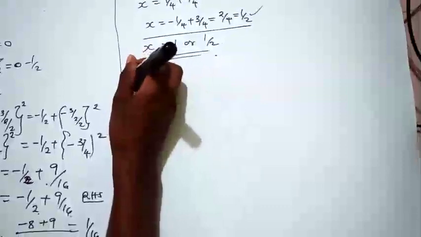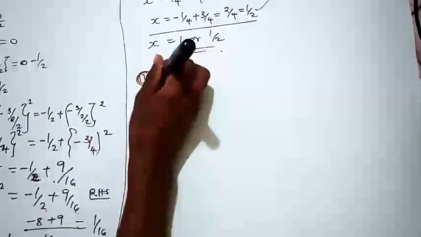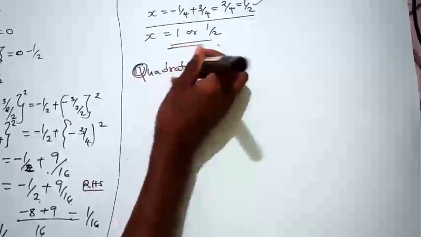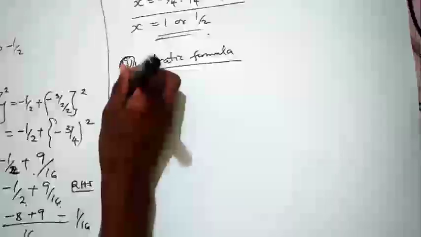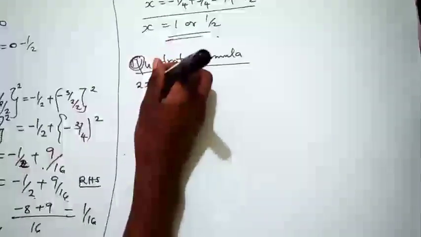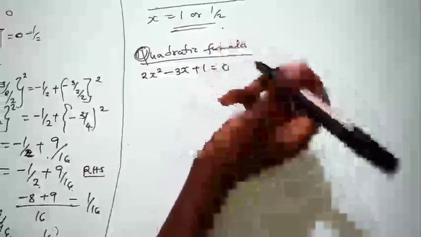Then the final one, we are using the quadratic formula to solve the same equation, 2x squared minus 3x plus 1 equals 0.